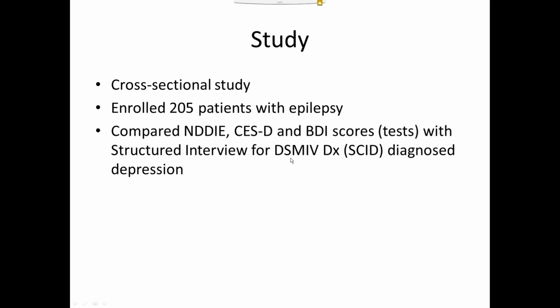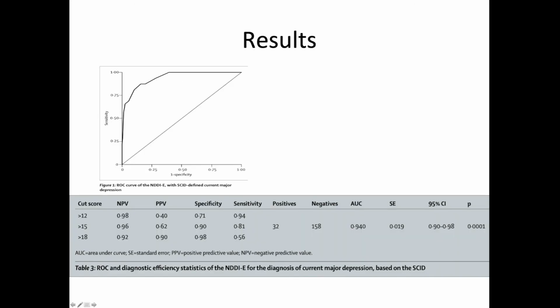They compared it with their gold standard, which was a structured interview for DSM-4 diagnosis, or the SCID, which is essentially a very regimented set of interviews that are used widely in studies in psychiatric disorders, including depression.